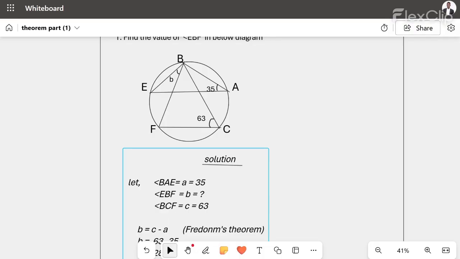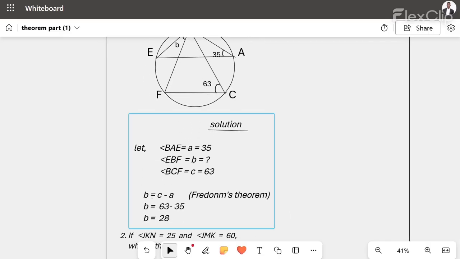Now the second one, angle EBF, let's call it B, which is unknown. That is the angle we are given to find. Now angle BCF, let's call it C, which is equal to 63 degrees.